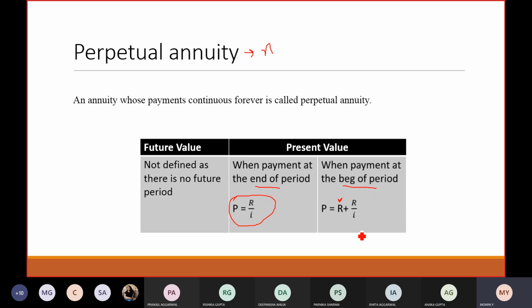For the other payments, you will discount it because you have to calculate the present value. So in this particular case, when the payments are being made at the beginning of the period, you will add one annuity as it is. Okay. For the rest, you will divide this with interest rate. Is it clear? The formula, for the beginning, you are adding it because this is at the current date. Yes, ma'am.